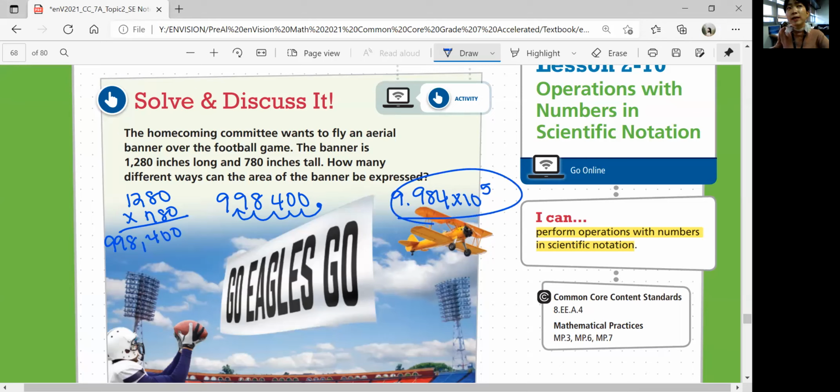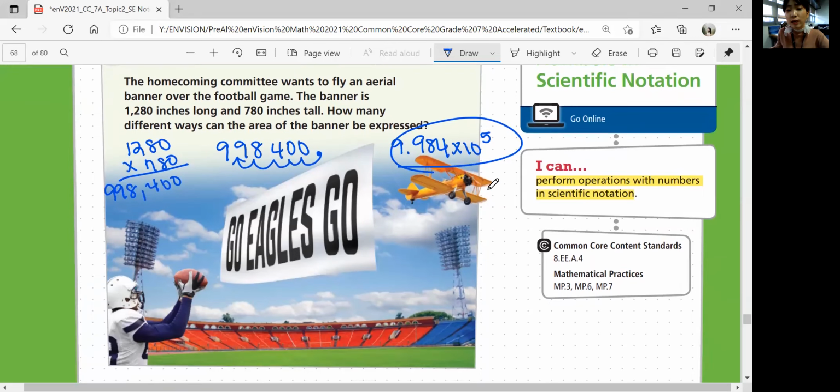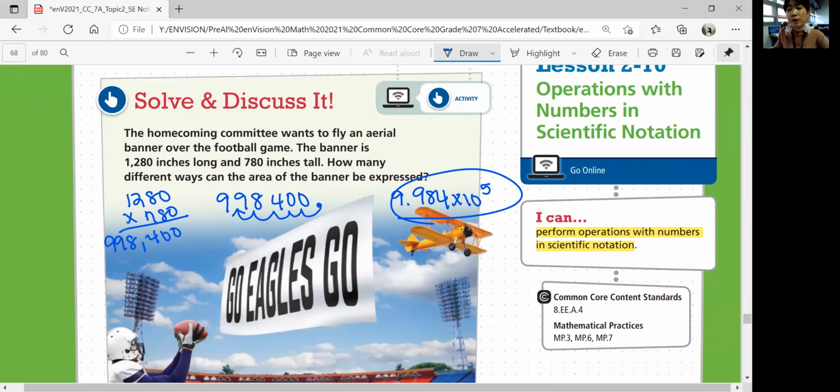How many different ways can the area of the banner be expressed? If you're writing it in scientific notation, this is the only way.